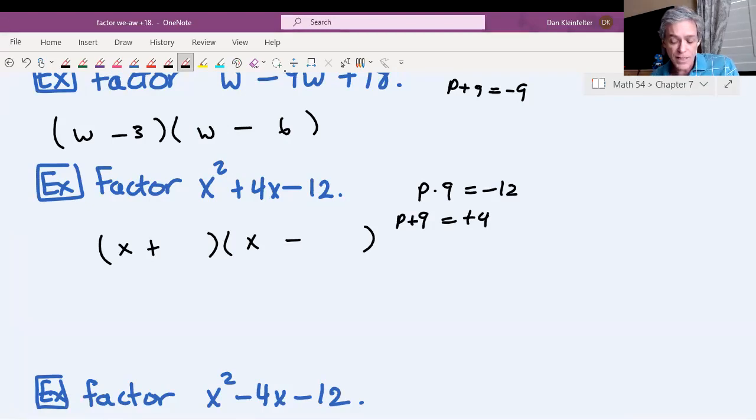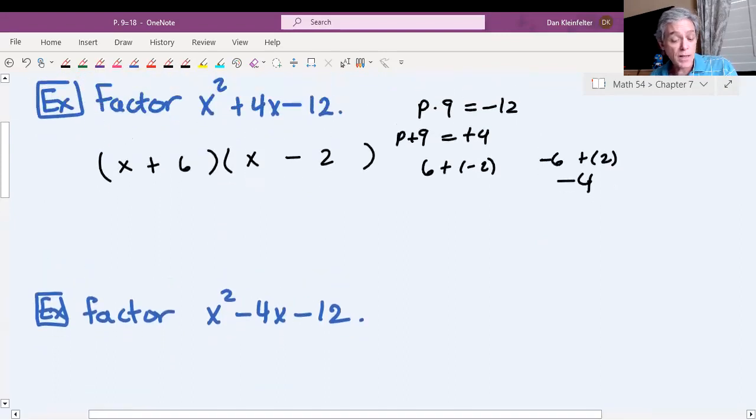So two numbers that differ in sign and multiply to be negative 12 would be 3 and 4, 1 and 12, 2 and 6. 2 and 6 sound good, but we need to make the pattern of signs work out so that their sum is positive. 6 plus negative 2 would give us 4. Negative 6 plus positive 2 would give us negative 4. So because the coefficient of x is positive, we know that the number with the bigger absolute value is the positive one. So it'll be x plus 6 and x minus 2.